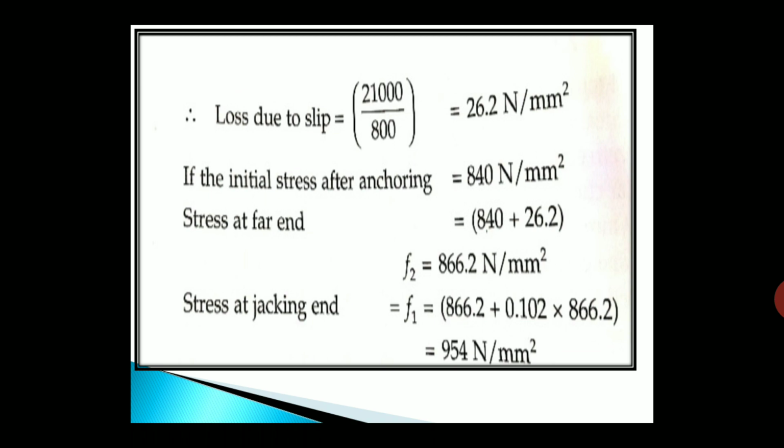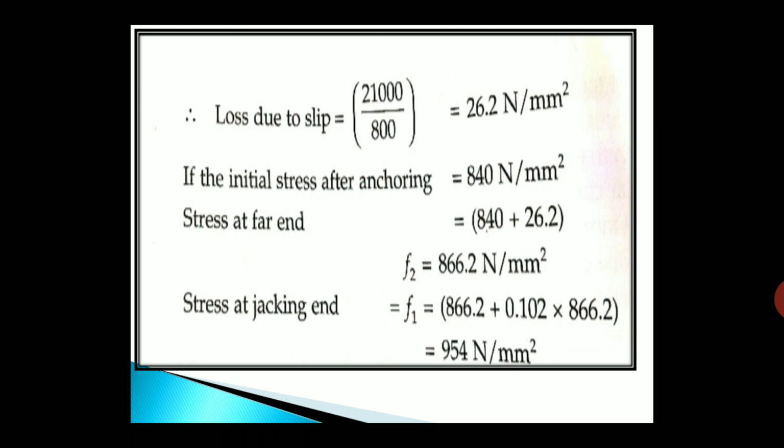We want the final stress remaining as 840. So what is applied has to take into consideration the loss due to slip at the far end. Therefore, the stress at the far end will be the initial stress, which is 840, plus loss due to slip, which is 26.2. Therefore, the stress comes out as 866.2 Newton per mm square.